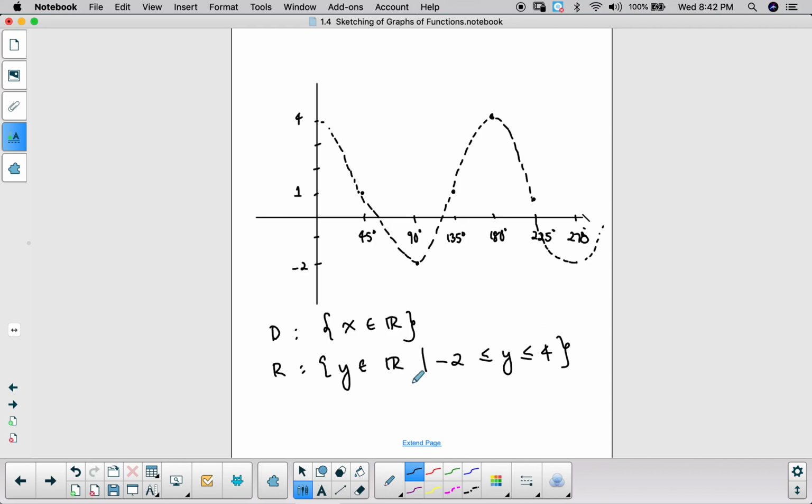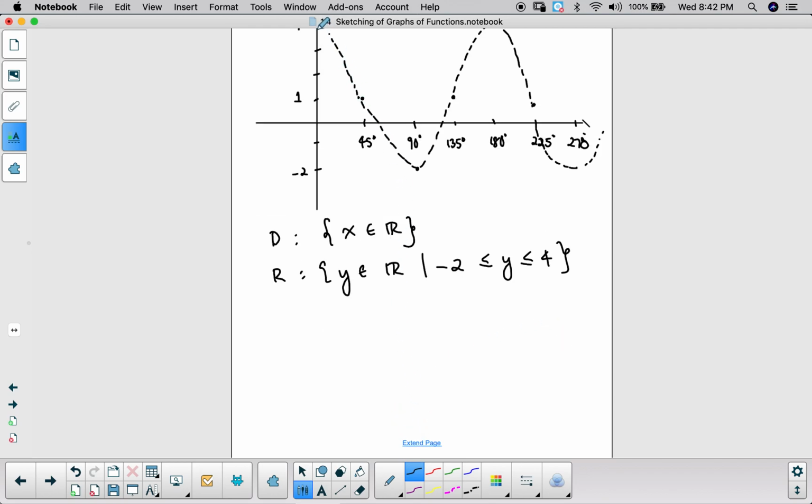Intervals of increase and decrease. Well, you can see that it's decreasing and then it's increasing, then decreasing. So the intervals of decrease are 0 to 90, and then from 180 to 270, and so on.